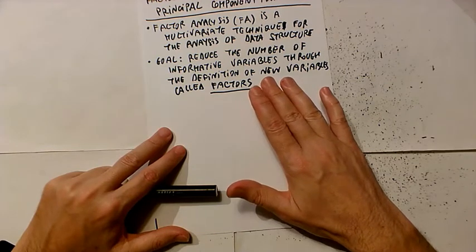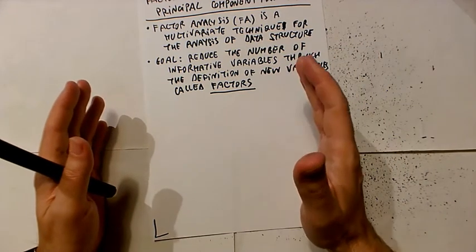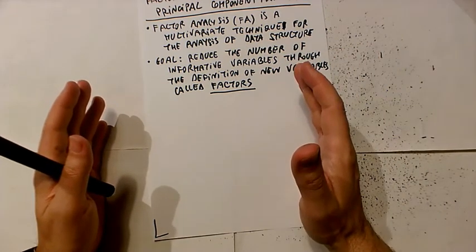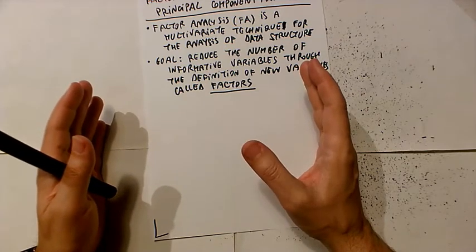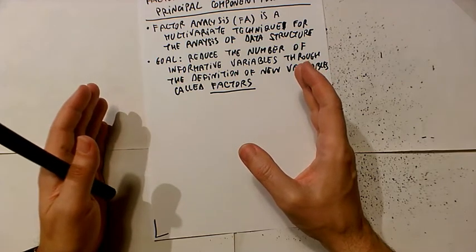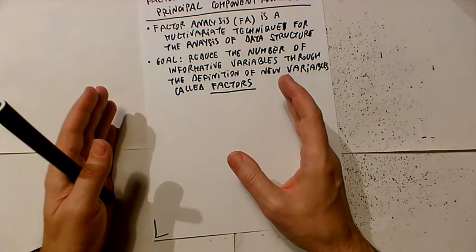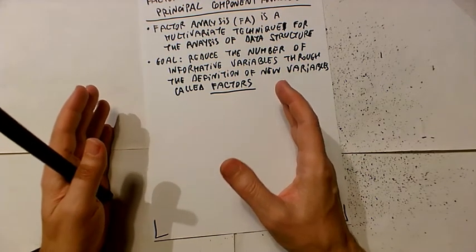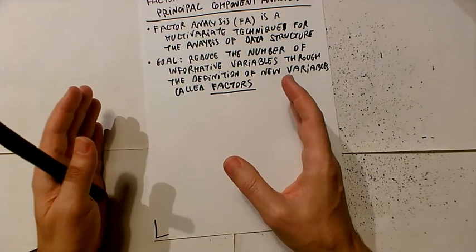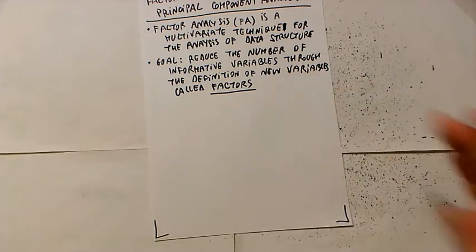The number of new variables, the number of factors, is possibly much lower than the number of original variables. Of course the main idea is to reduce the number of variables, but we must try to not lose much of the original information provided by the original observed variables, because the idea is simplification of the data set from the point of view of the number of variables, but not to lose the original information provided by the original variables.